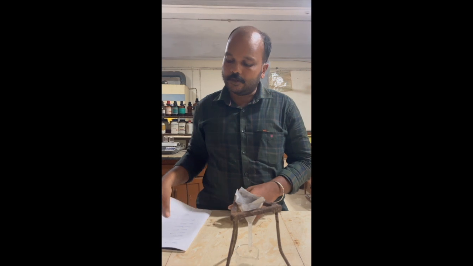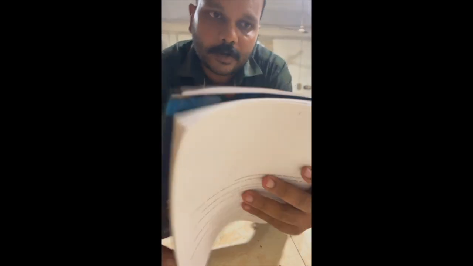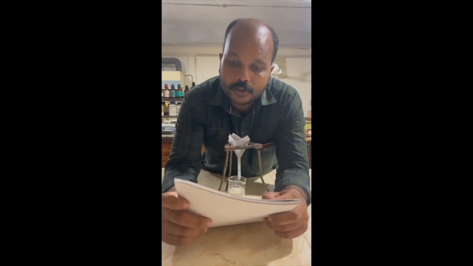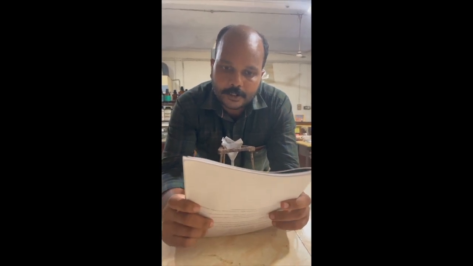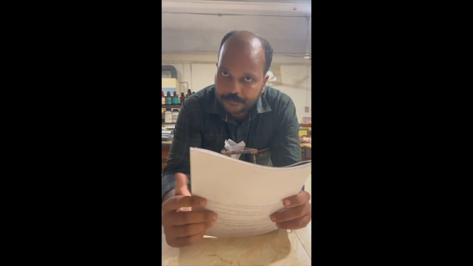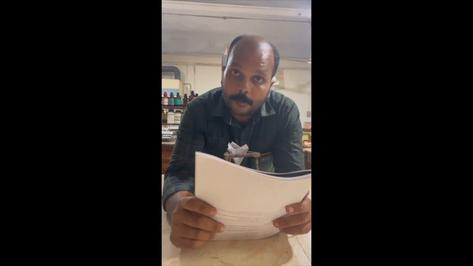For instance, you can see this one, silver nitrate. In 100 ml of water, it will dissolve almost 241.3 gram. Calcium nitrate will dissolve 102.1 gram. Sugar, the one which we dissolved previously, will dissolve around 91 gram in 100 ml.